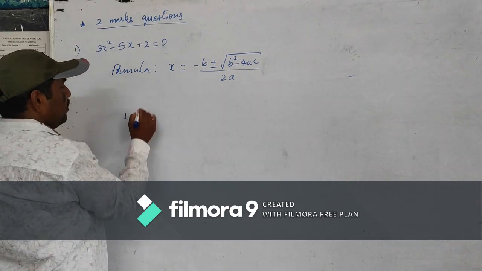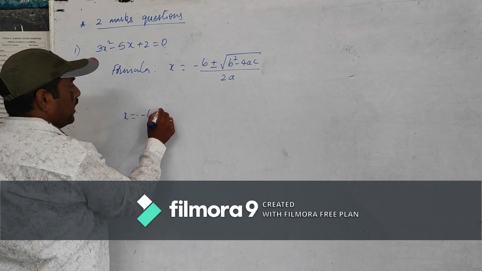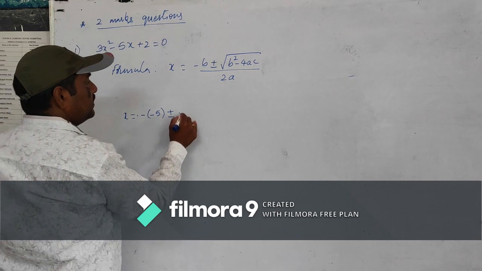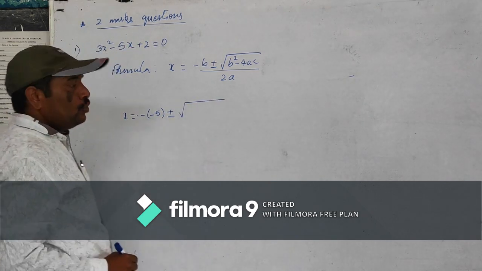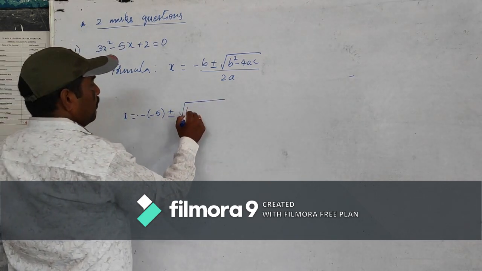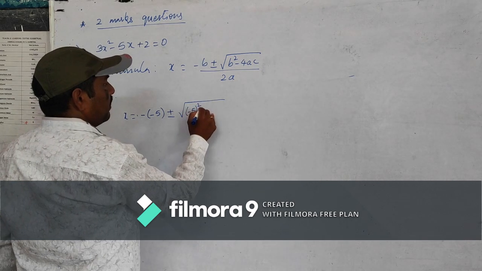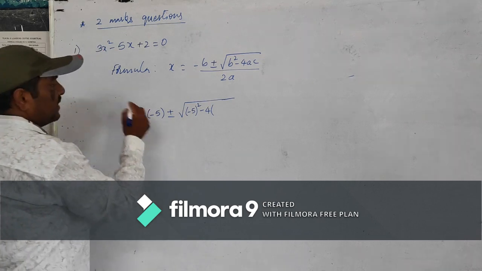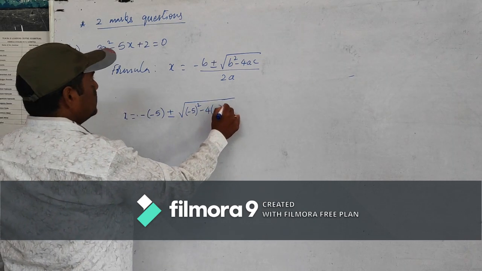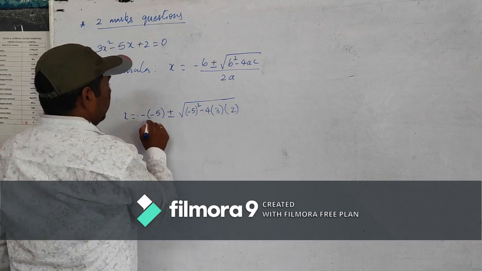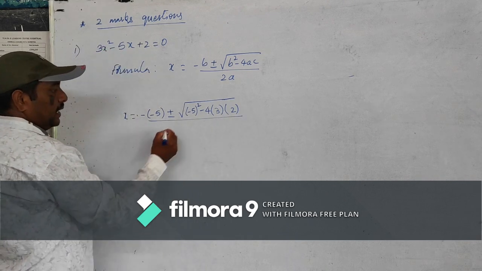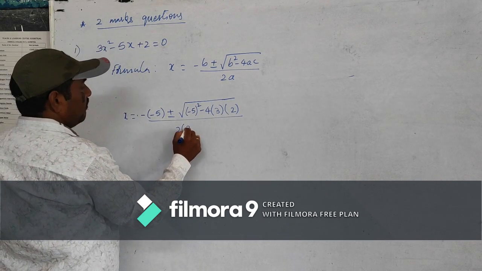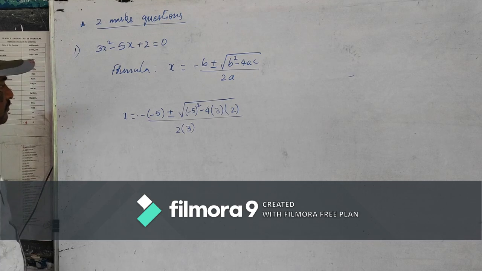Minus b means minus of minus 5 plus or minus under square root b square, minus 5 whole square, minus 4 into a. a is 3 and c is 2, divided by 2a. 2 into a value is 3.